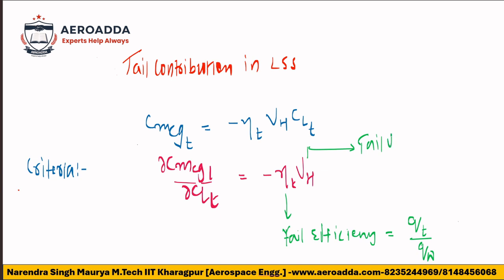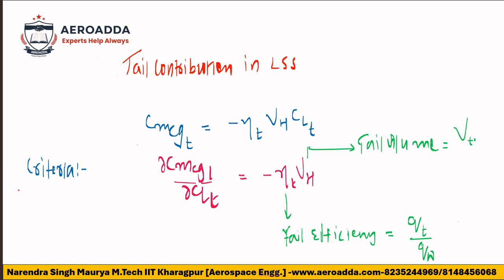And if you see the tail volume, it was defined mathematically. I'm just saying, this is very important to know, because sometimes everything will be there but you would not be able to apply. Like they will be given St, they will be given Lt. St for tail surface area, Lt for the arm length from CG to aerodynamic center of the tail.